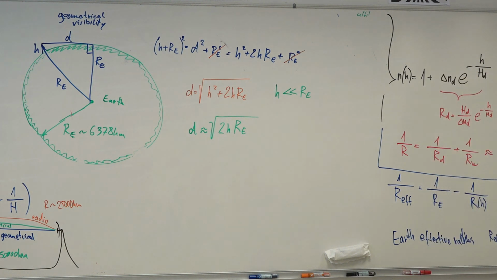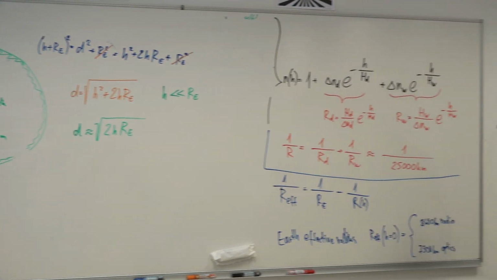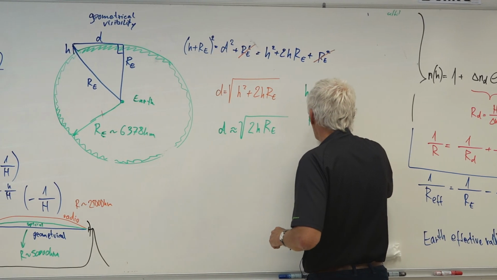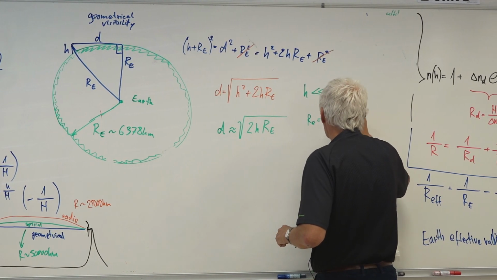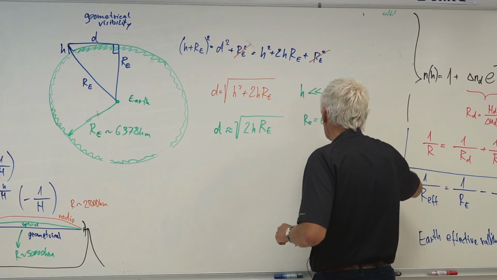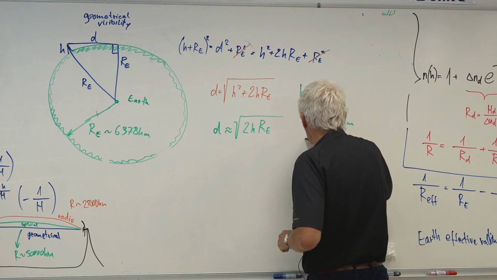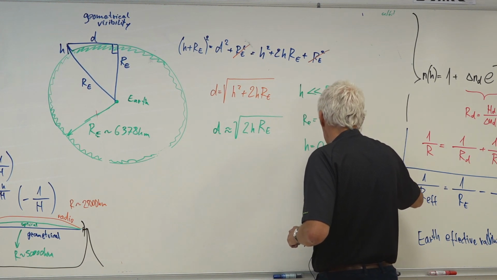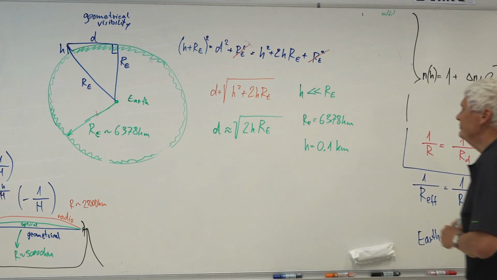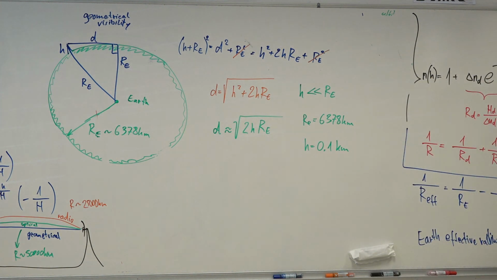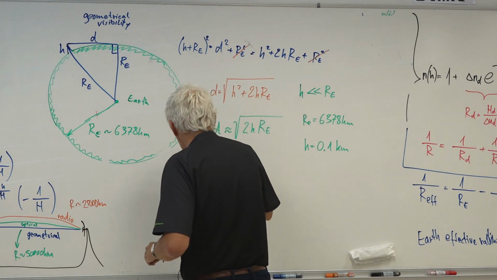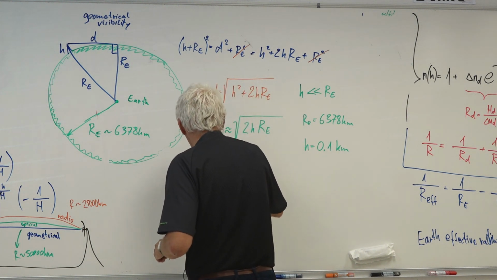What happens now if I have, say, a tower? If we make an example that R of the Earth is 6378 kilometers, and we have a tower with a height of 100 meters, that's 0.1 kilometer. Let's try to find the distance here, the range of our transmitter, the geometrical visibility.